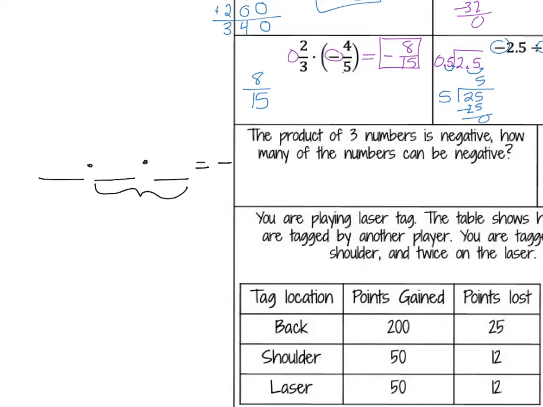So we're going to call this first one positive. Okay, then I need two numbers times each other that are going to be a negative. Well, numbers with different signs are negative, which means that there's a negative and a positive. So when I have an odd amount of numbers being multiplied together, one of them has to be negative.